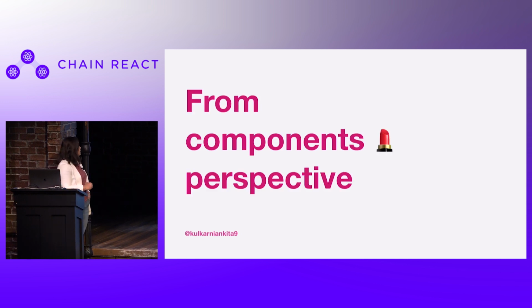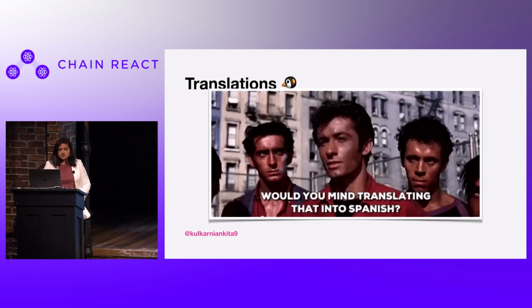Next, let's talk about it from a components perspective. I mean, React Native is also React, right? So when it comes to scalability, we've got to think about components as well, like how do we want to handle components in general and how do we want to create components. So the first thing is translations.